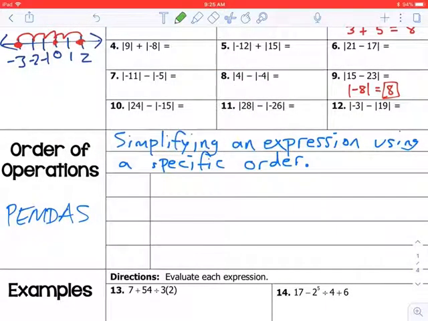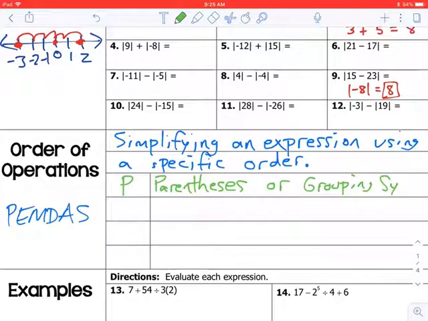So our first is P, and P stands for parentheses. So whatever's inside parentheses, take care of that first, okay? Parentheses or any grouping symbols. So for instance, just what we did up top, a grouping symbol could be an absolute value, like number 6, okay?